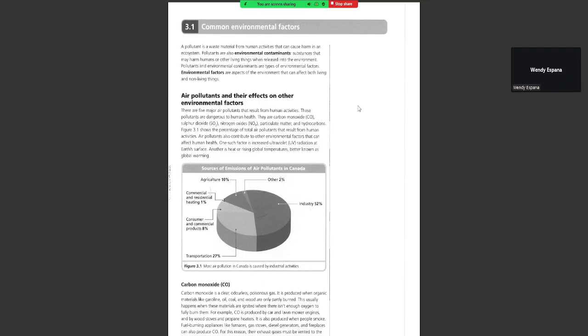Commercial and residential heating, that's burning fossil fuels to keep your house warm. Consumer and commercial products. And transportation's very big, 27%. But it is not as big as industry. Industry is 52%. 52% of air pollution in Canada comes from industry.